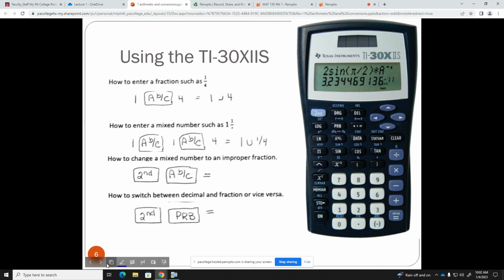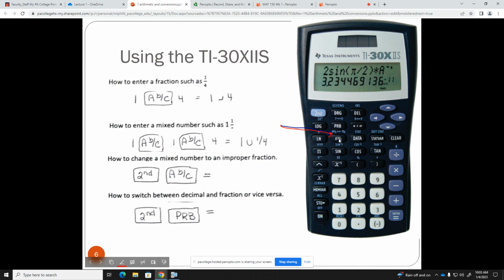Our calculator handles fractions very well. It has a button that allows you to type a fraction, which is the A, B over C key, and it is here. Let me switch to a different color pen so you can see that better. It is in a row right here on the calculator. That also allows you to type mixed numbers.